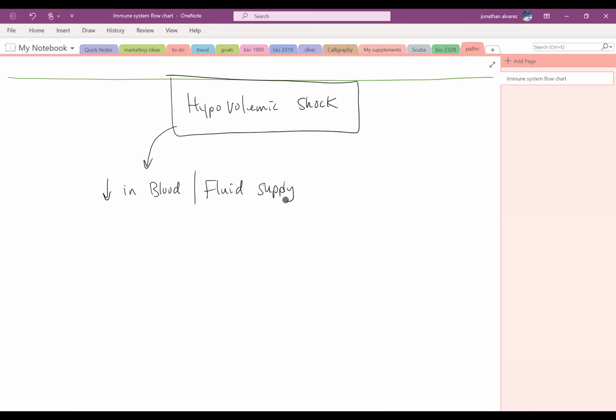And typically, by definition, it would be greater than 20% total body fluid loss. Okay.